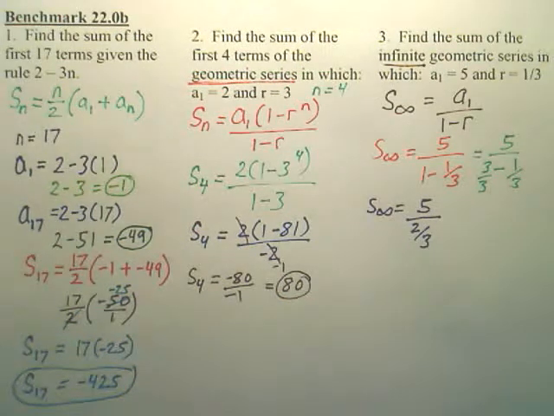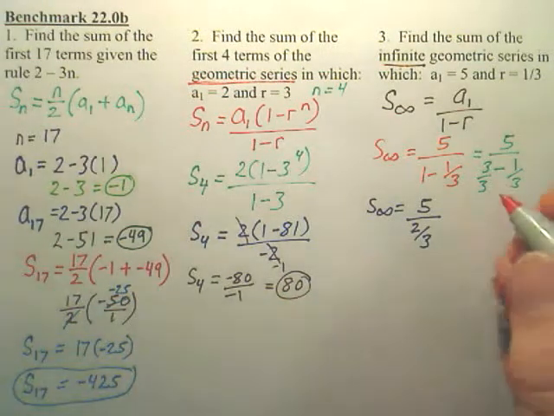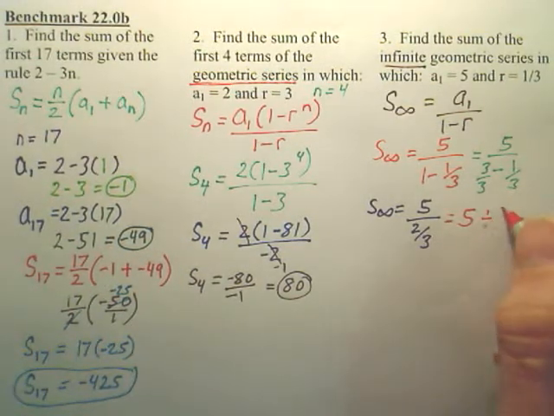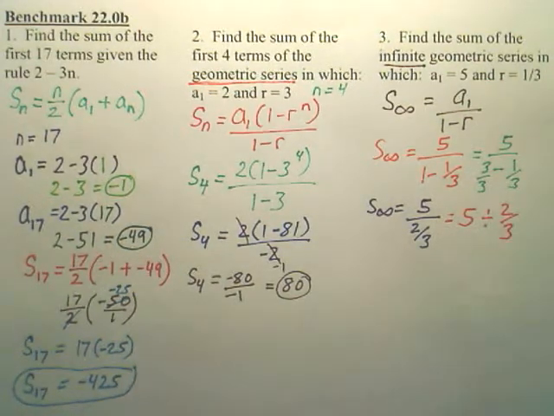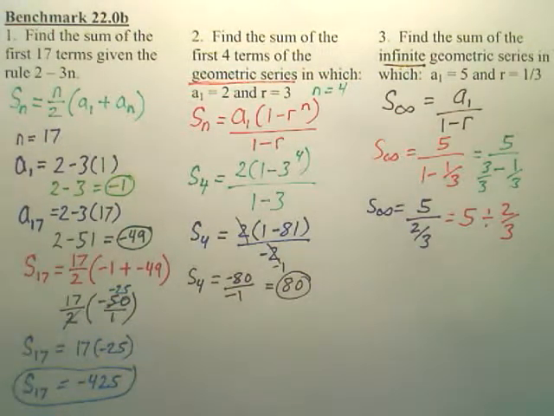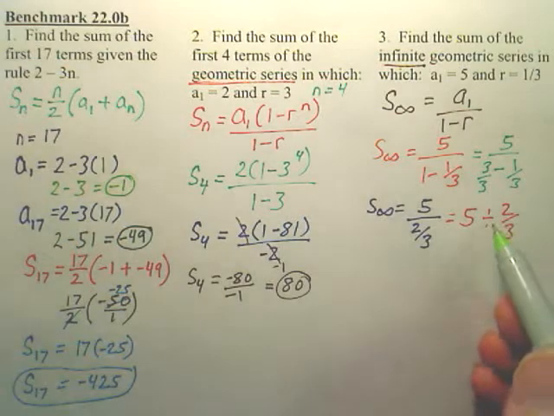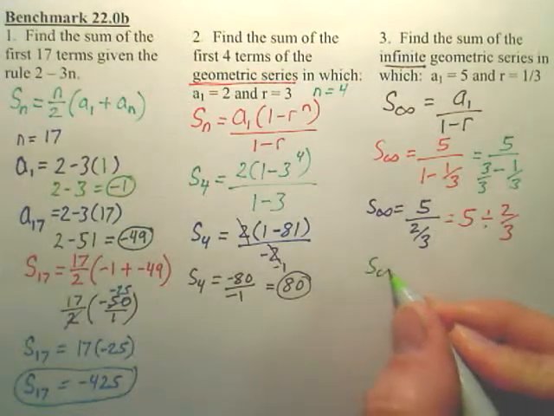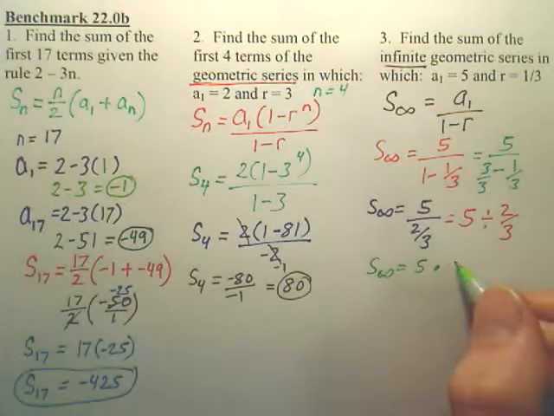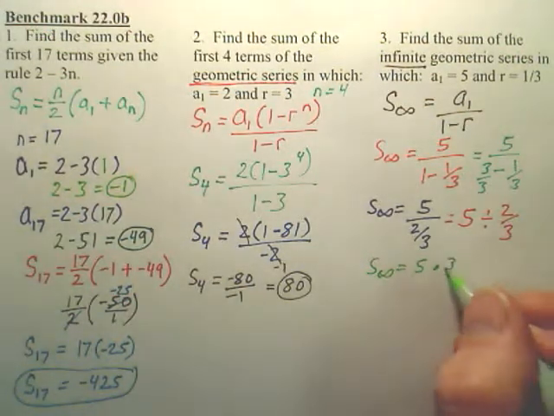Now for some of you, most of you would probably struggle if I try to do that. So I'm going to rewrite this as 5 divided by 2/3. Isn't that 5 divided by 2/3? Hopefully you can see that. And when you divide, can I change that to 5 times and flip this?